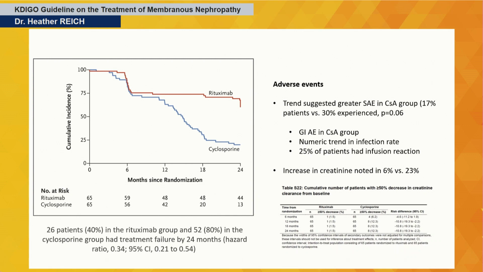The adverse events in the cyclosporin group consisted of quite a high number of GI side effects. There was a numeric trend in infection risk that was higher in patients receiving cyclosporin. And in the rituximab group, of note, 25% of the patients had some sort of infusion reaction. Importantly, though, increase in creatinine was noted in 6% of patients having received rituximab compared to 23% of patients who had received cyclosporin.